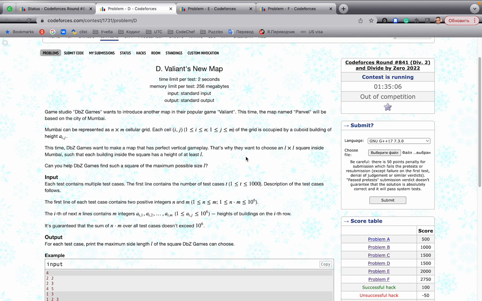How to do the same for a 2D grid? Well, we again precalculate the answers for all of the squares with side equal to some power of 2, and then we will cover our query square by 4 such squares, one for each corner.